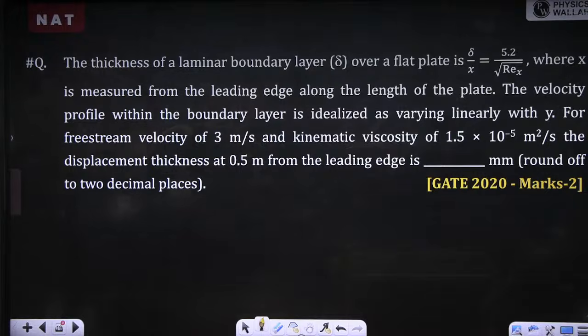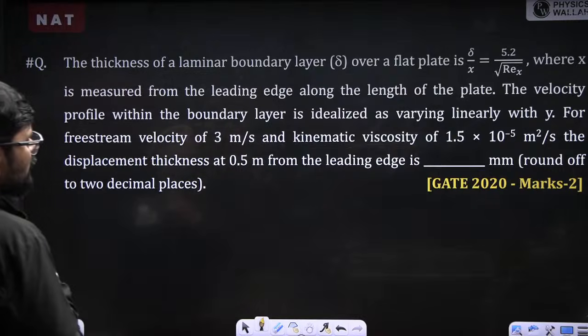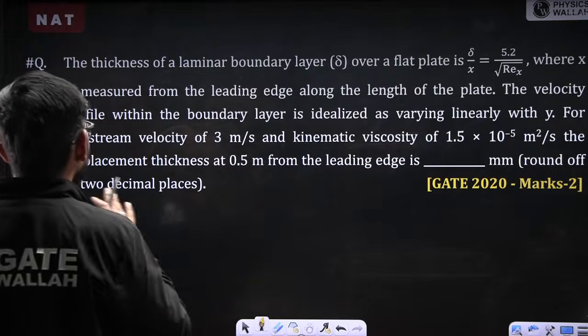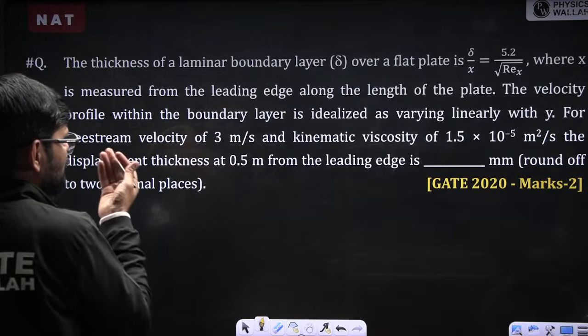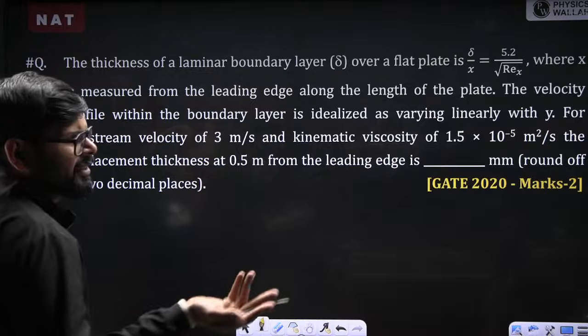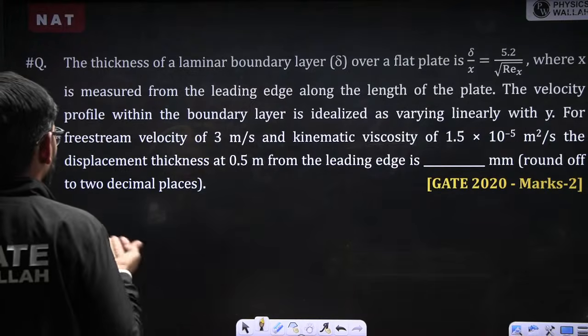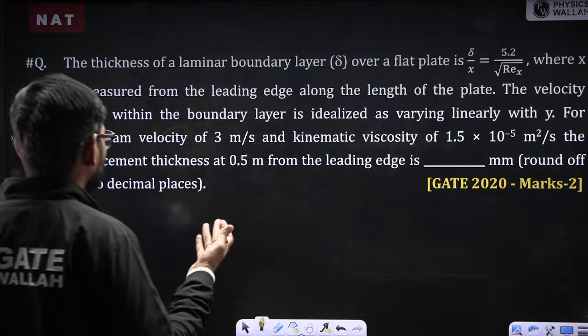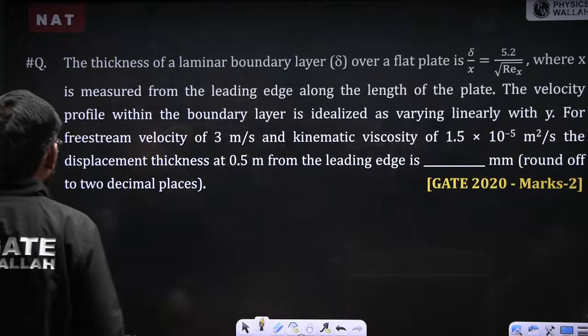The boundary layer thickness delta is given like this, measured from the leading edge of the plate, and the velocity profile has linear variation. So delta star is equal to delta by 2, for the free stream velocity given. What we need to find is the displacement thickness, right?